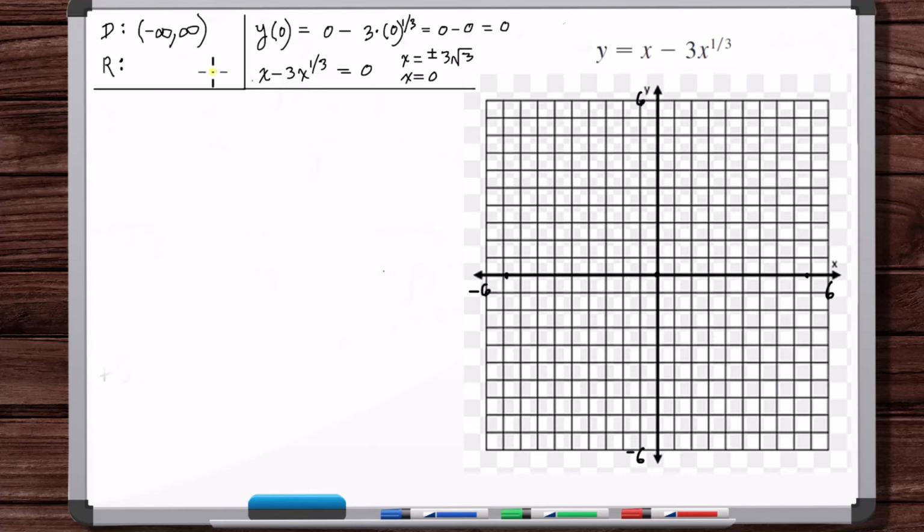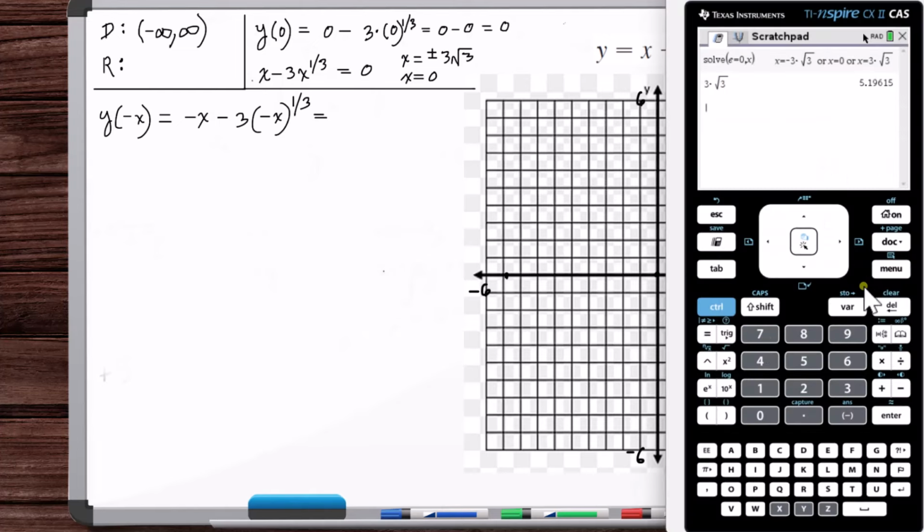All right, now let's test for symmetry. Is this an even function? We see if y of minus x is equal to y of x. So to do that, we put a minus sign there, and a minus sign there.